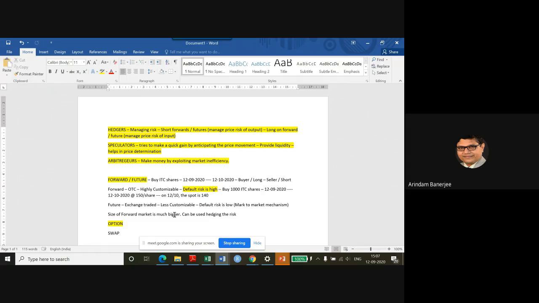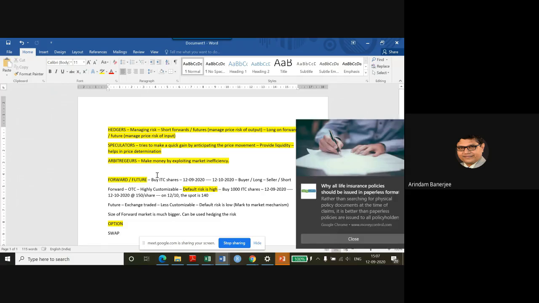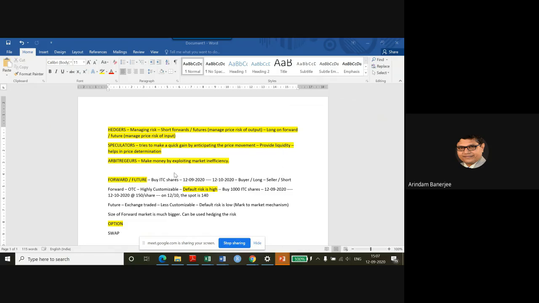For example, if I entered into a futures contract to buy ITC shares at say 150 on 12th October, and on 12th October the spot price is 130, then I cannot come out.